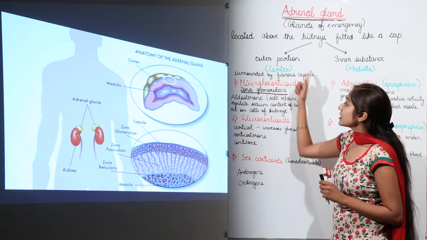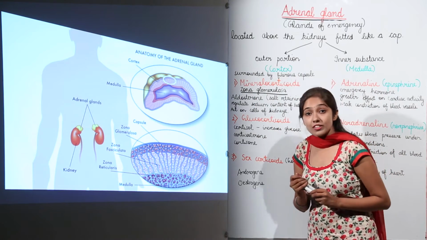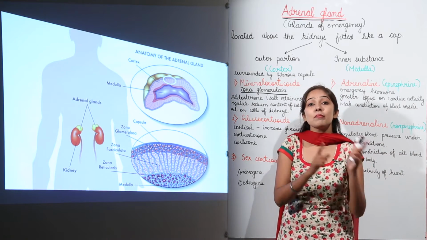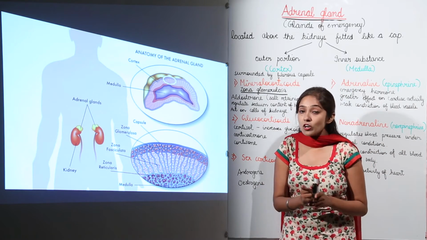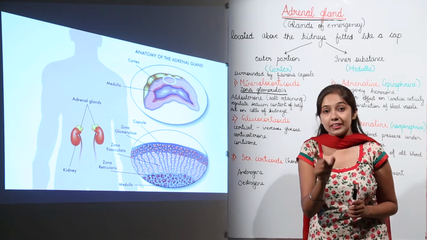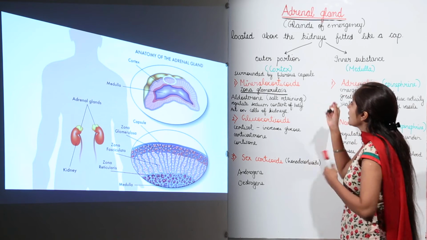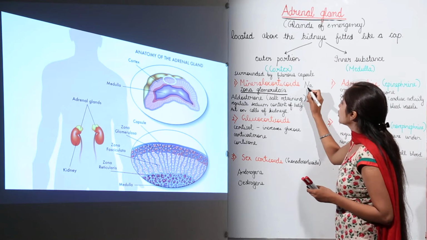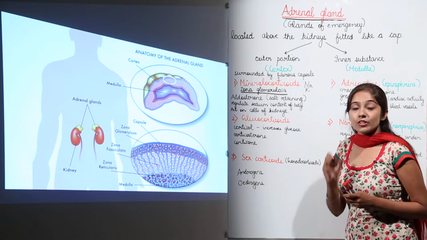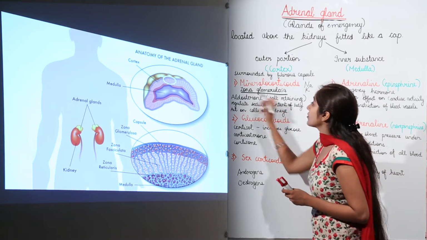Now as the name suggests, what are these mineralocorticoids? Mineralocorticoids are going to affect mineral metabolism. When we talk about minerals, I am talking about sodium primarily. Sodium and potassium are the two major minerals we are going to talk about in the case of mineralocorticoids.